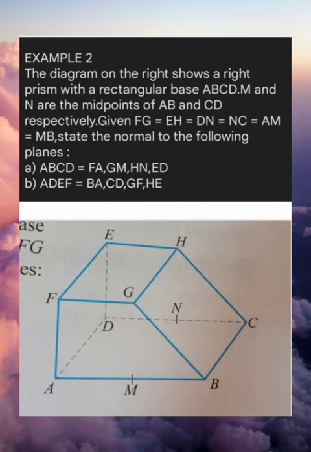A. ABCD. The normals for ABCD are FA, GM, HN, and ED. B. ADEF. The normals for ADEF are BA, CD, GF, and HE.